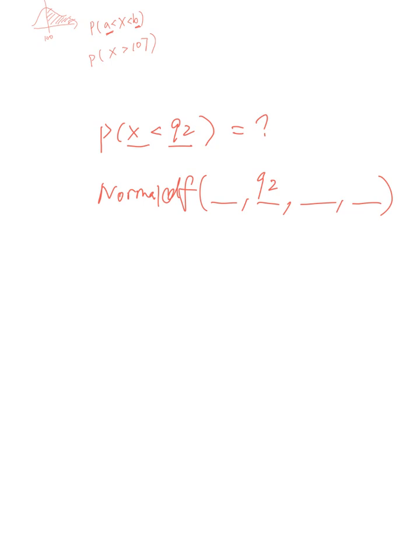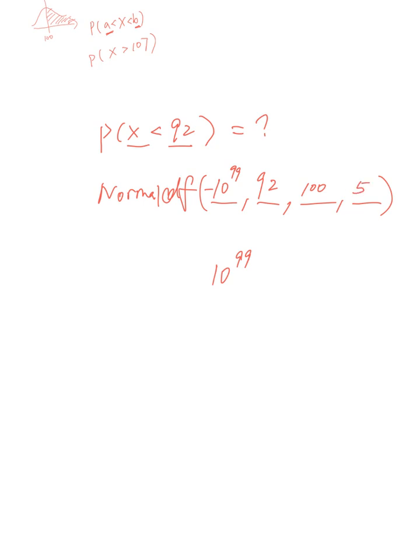And I don't have a lower. I will consider my lower to go to negative infinity. Just now we used 10 to the 99 to represent positive infinity, so for negative infinity, we will use negative 10 to the 99. And then the mean, and then the standard deviation.